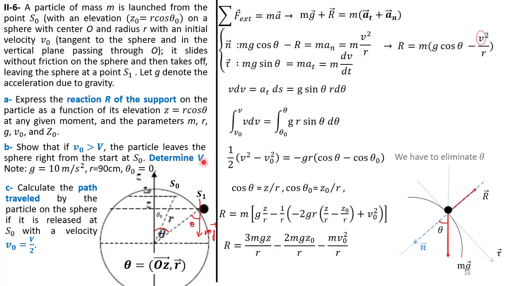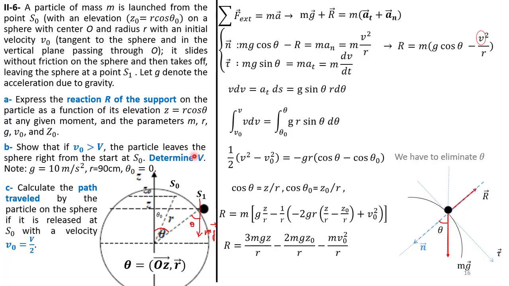Determine V. So in fact, they are telling us that if the initial speed is high enough from the beginning, the particle will take off at S0. So if the initial speed is very, very high, the particle would leave the surface from the beginning at S0. So it will not slide on the surface of the sphere.